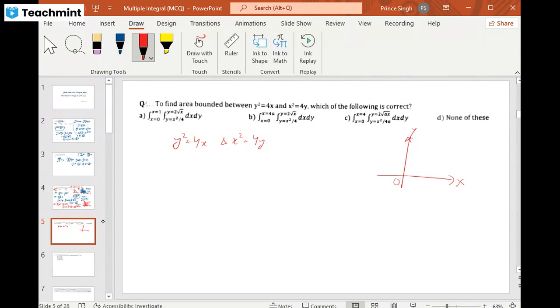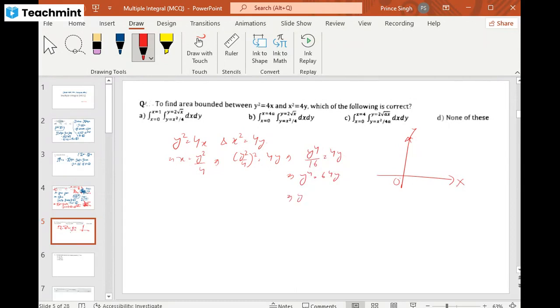What is the value of x from here? It is y square upon 4. If I substitute the value here, then y square upon 4 whole square equal to 4y. So it gives us y power 4 upon 16 equal to 4y, or y power 4 equal to 64y.